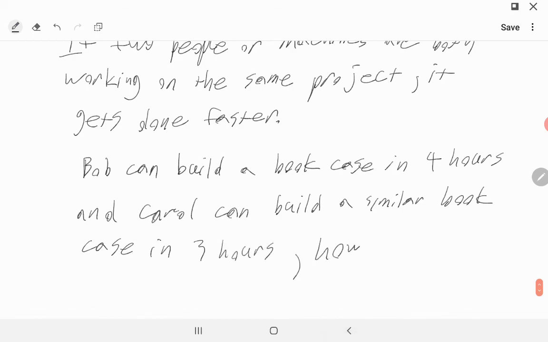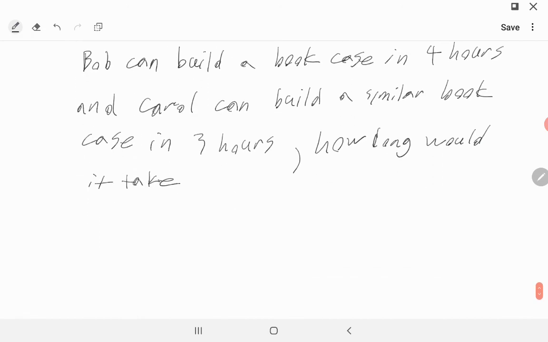How long would it take them working together?